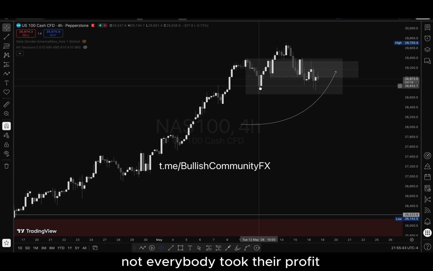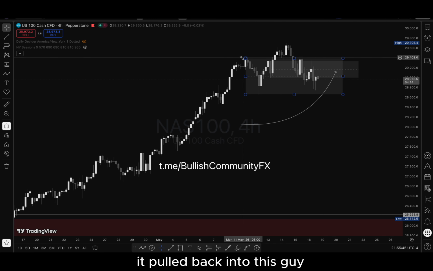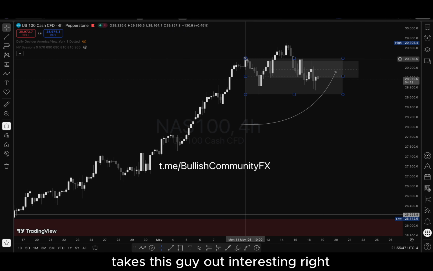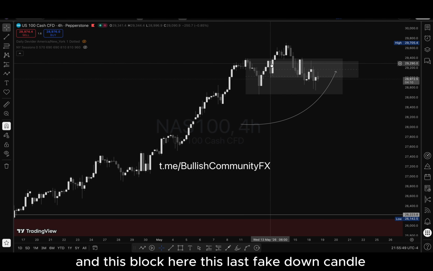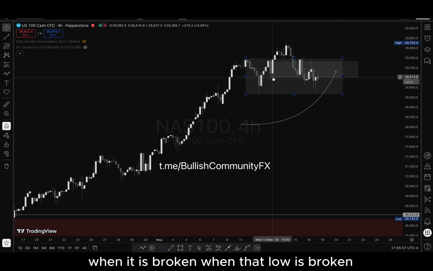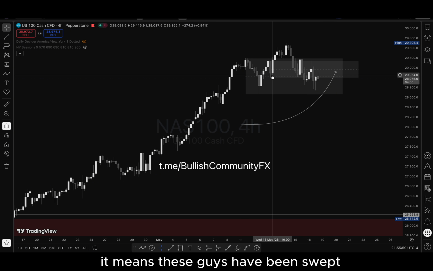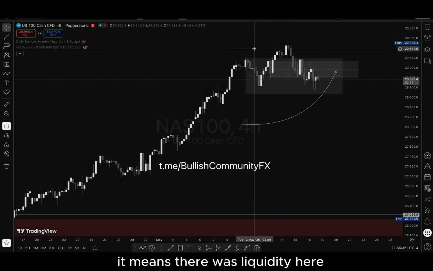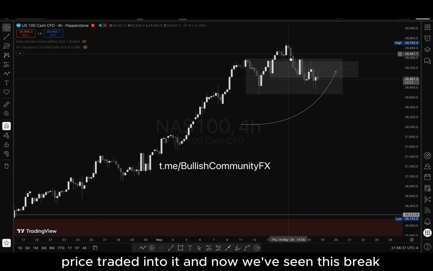Not everybody took their profits. A pullback into this takes this out. Interesting, right? And this last fake down candle where they bought the last move that sent it higher, when that low is broken, it means these guys have been swept. It means there was liquidity here, price traded into it, and now we've seen this break.